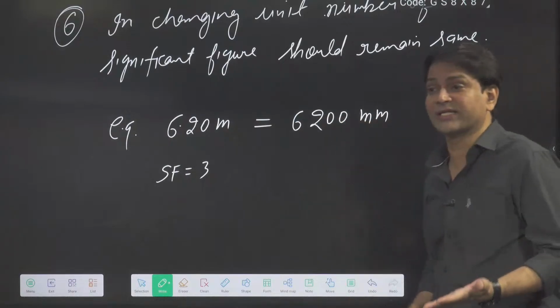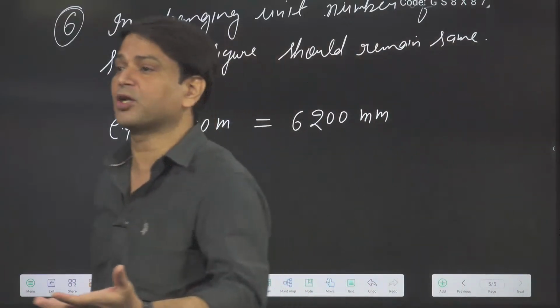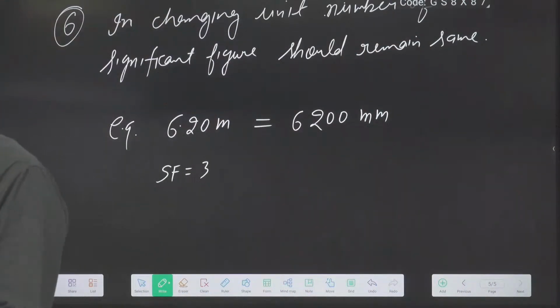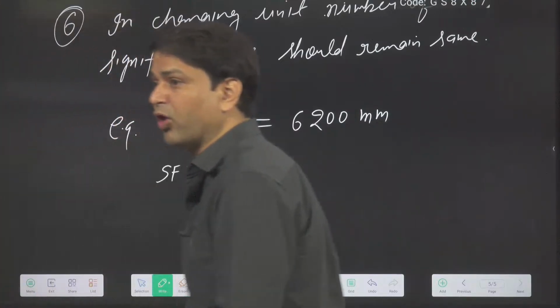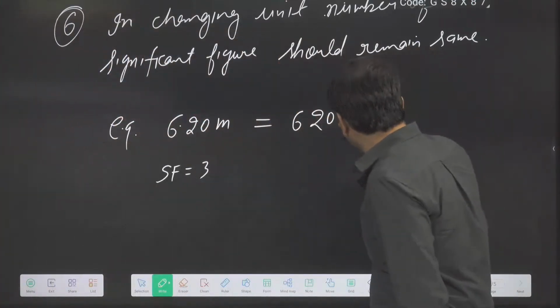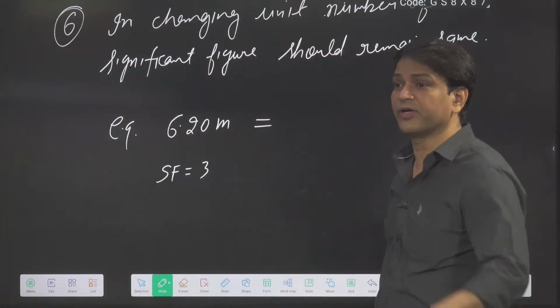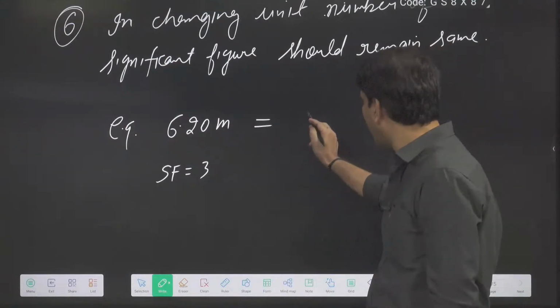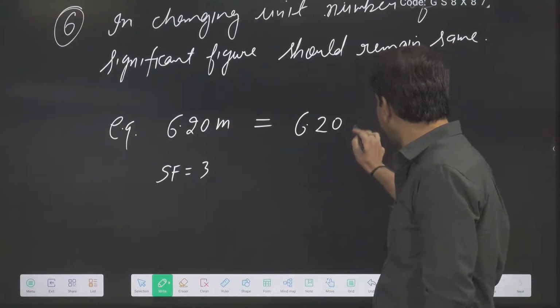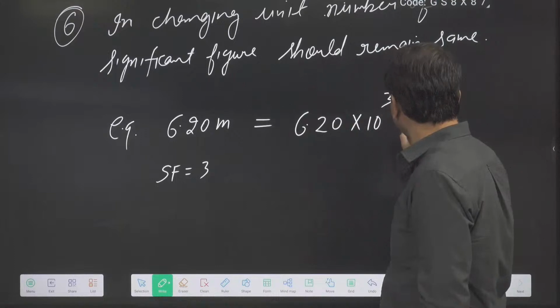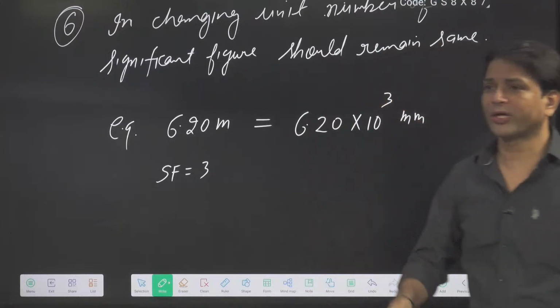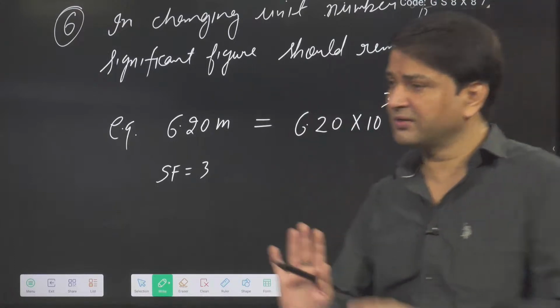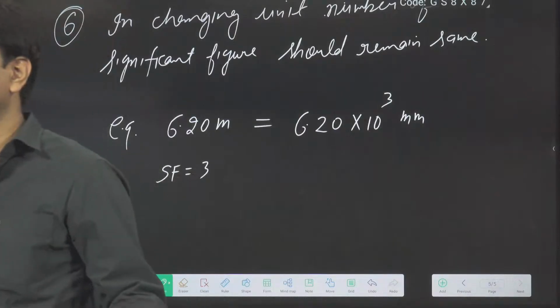But I cannot change the relation between meter and millimeter either, because we know that 1 meter is equal to 1000 millimeter. Then what will we do? We will not write this notation; we will use scientific notation. How? 6.20 into 10 to the power 3 millimeter. Now you can see the relation is followed, because 1 meter is equal to 1000 millimeter.